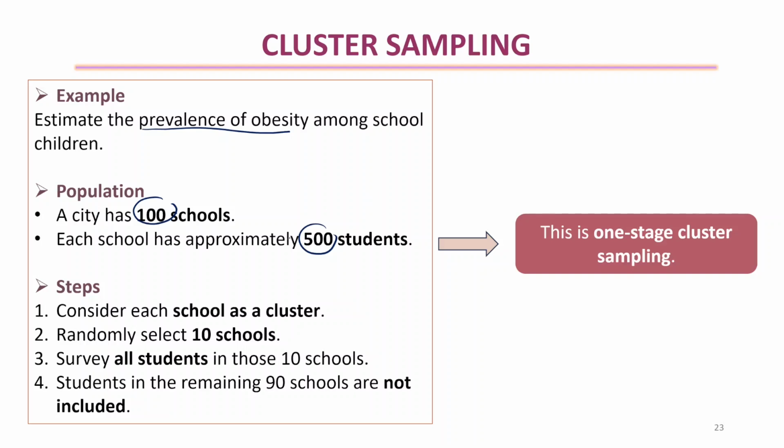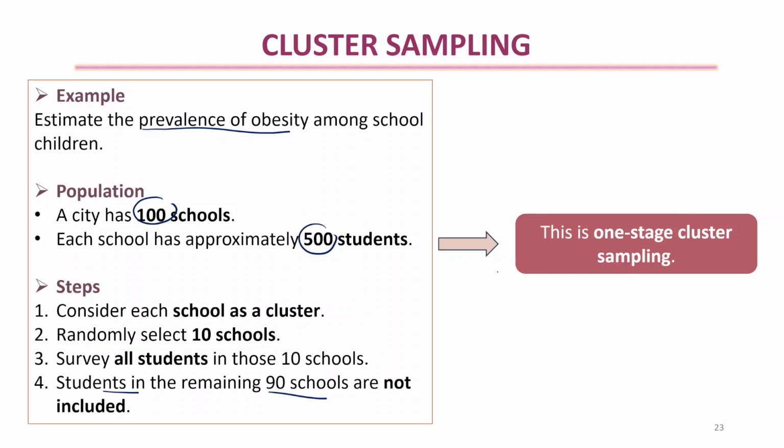Next, the researcher randomly selects 10 schools out of those 100 schools. After selecting these 10 schools, every student studying in those schools is included in the survey. The remaining 90 schools are not included.